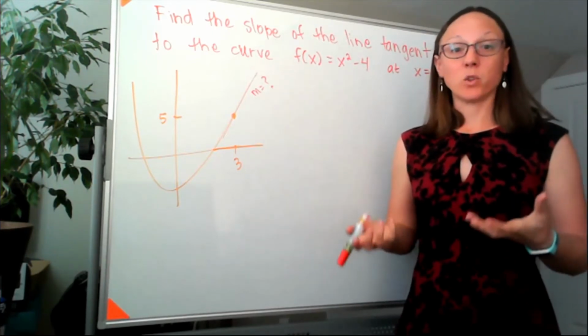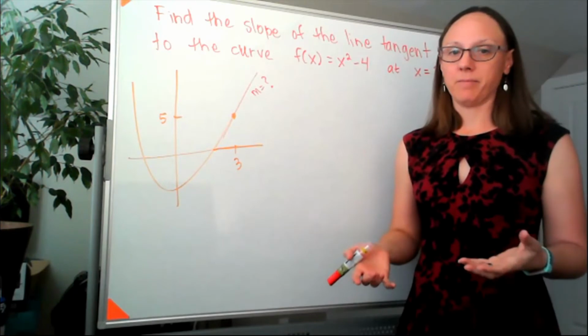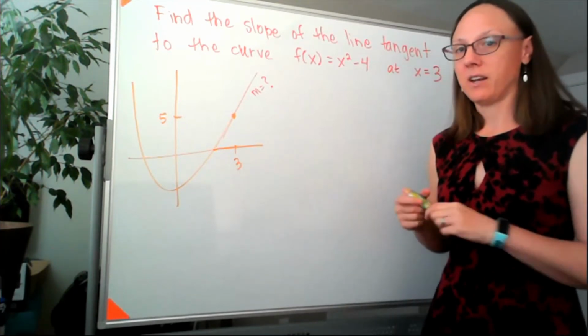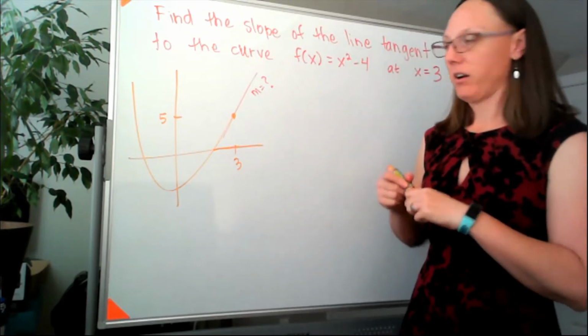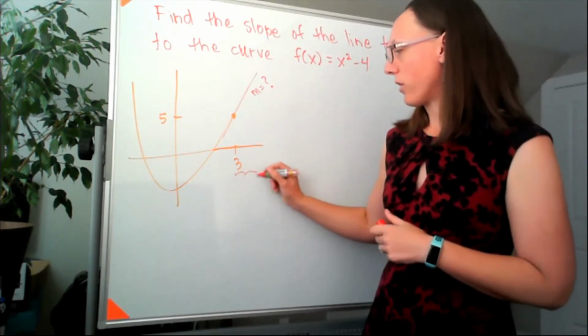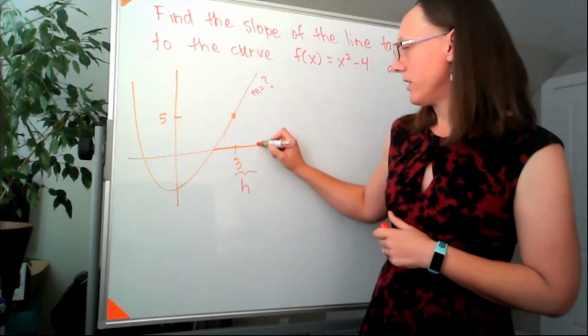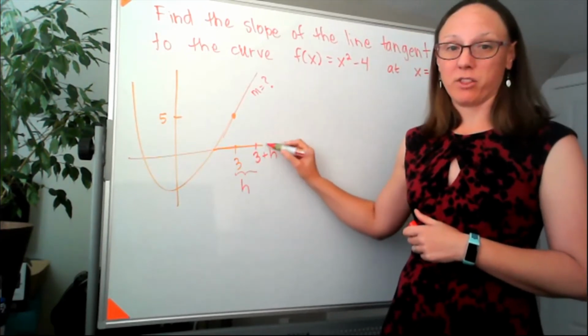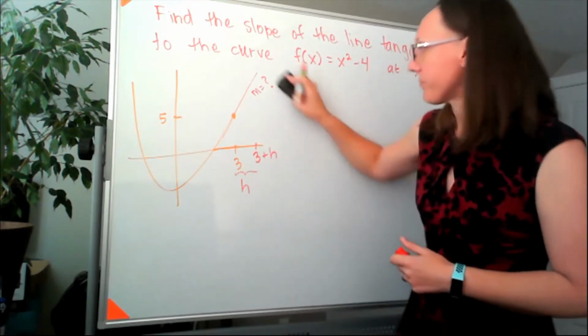But our mathematical tool that we're going to use to do that is to scoot away from 3 just a little bit. How much? A hair. I'm going to move over by h to be at the x value of 3 plus h.